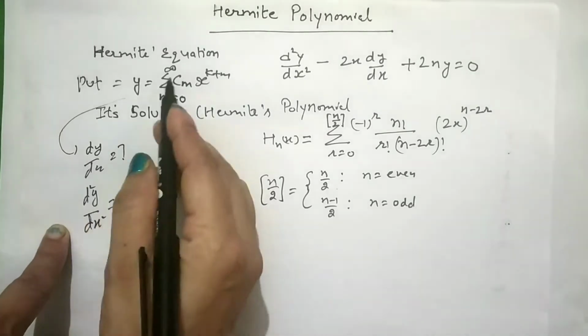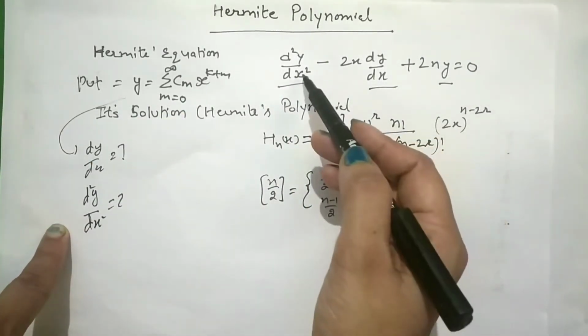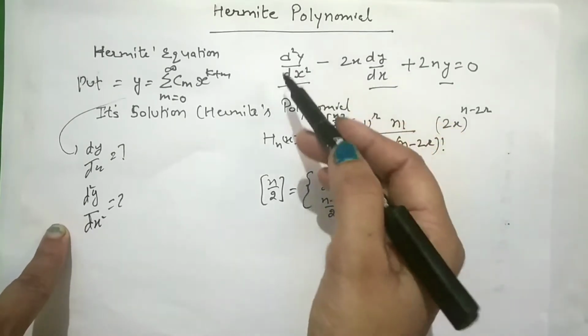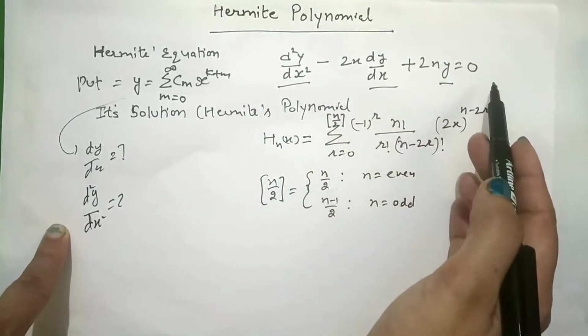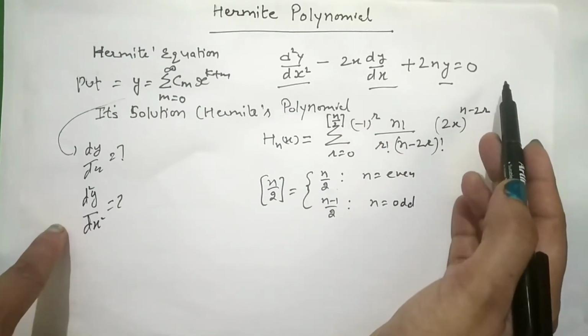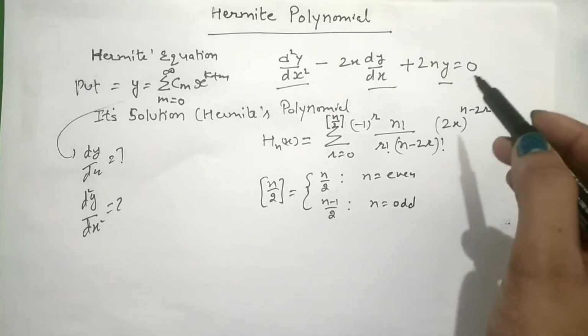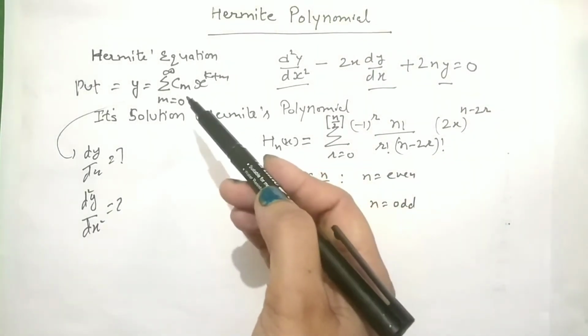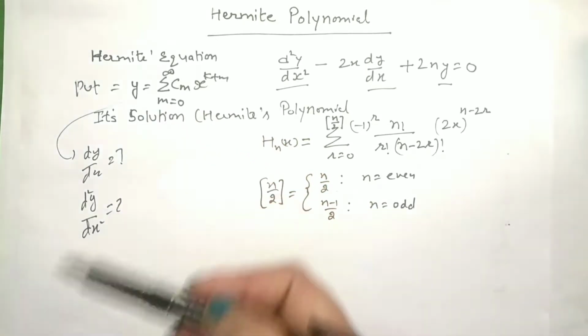After finding these three values, we put y, dy/dx, and d²y/dx² in the equation. Since the other side is 0, by comparing the coefficients of different powers of x, we get the values of c0, c1, c2, and when we put them in, we get this solution y.